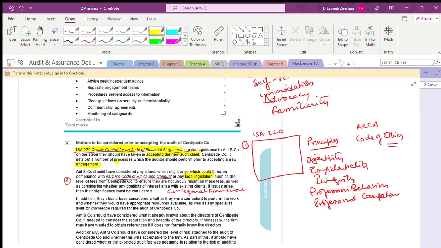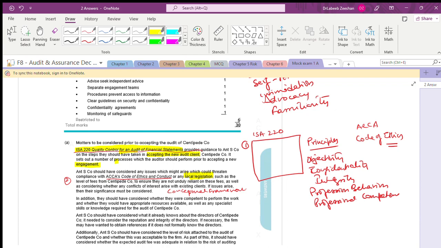They should consider any issues which may arise which could threaten compliance with the code of ethics or local legislation, such as level of fees, to ensure that they are not unduly reliant on this.